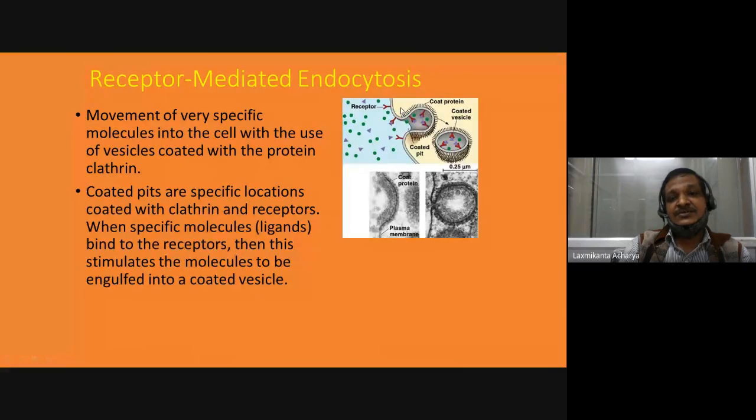Whenever there is a substance that can be recognized by these receptors present over the plasma membrane, it can be taken inside the cell through these coated pits.